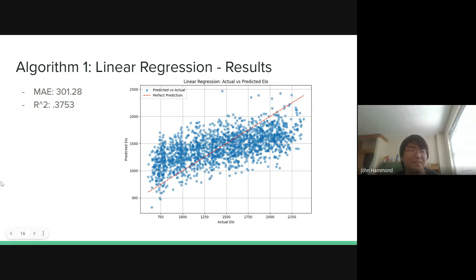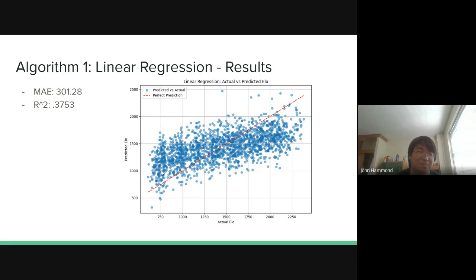The mean absolute error was 301, so on average, we're about 301 ELO off. So if I guess, say, 1,000, on average the actual one would be between 700 and 1,300, which speaking isn't too bad, but it's still not what I was going for.